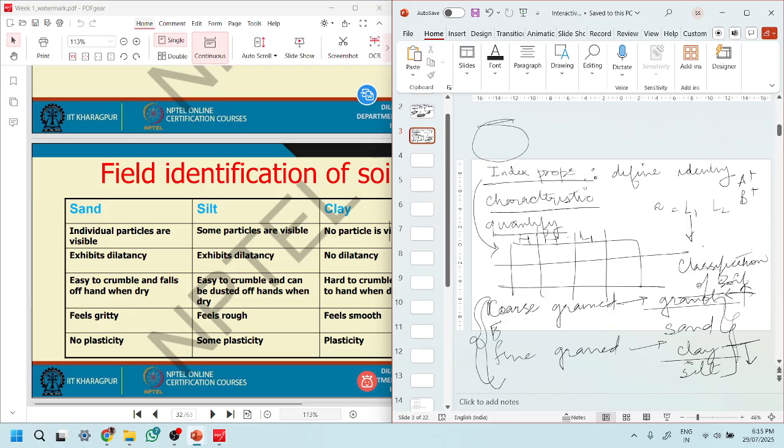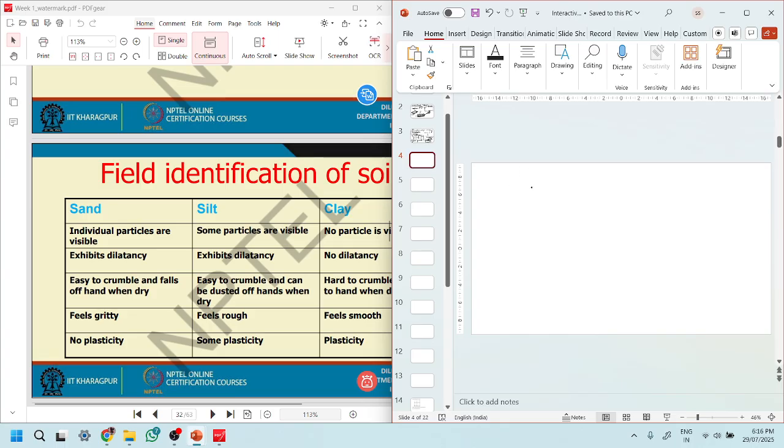So that is why we need to classify. Even if, for example, I have a sand, I can have two very different kinds of sands.